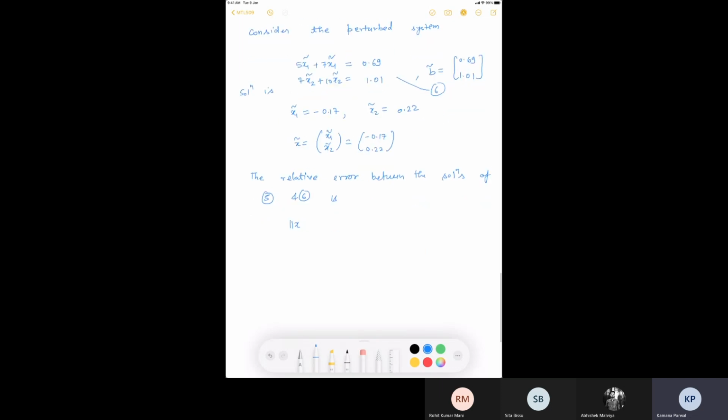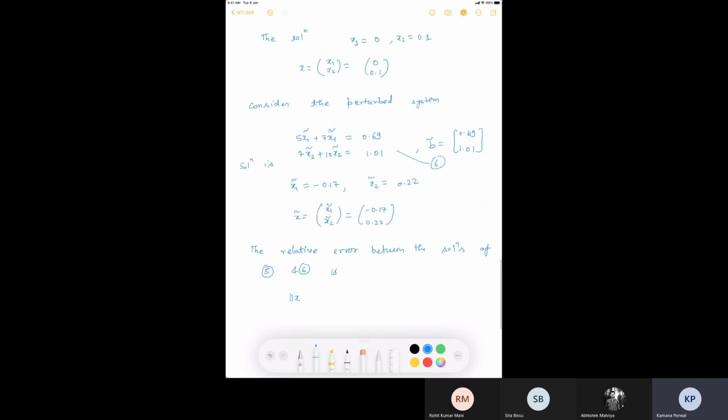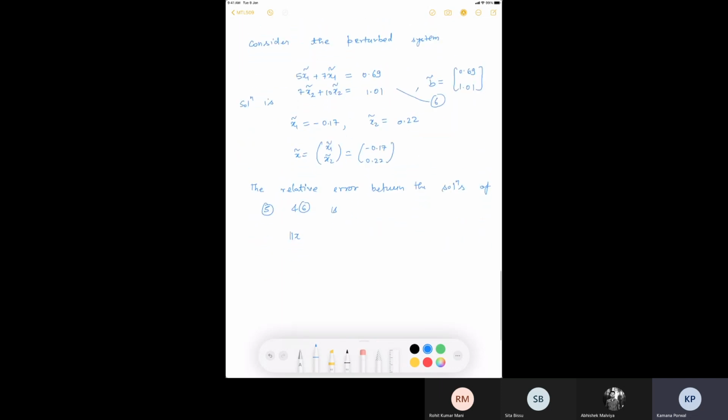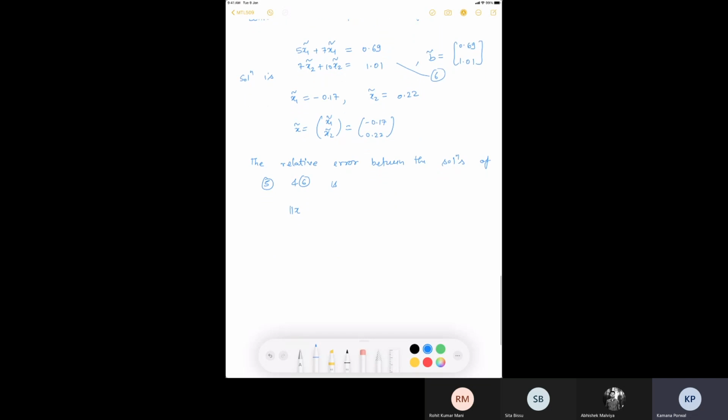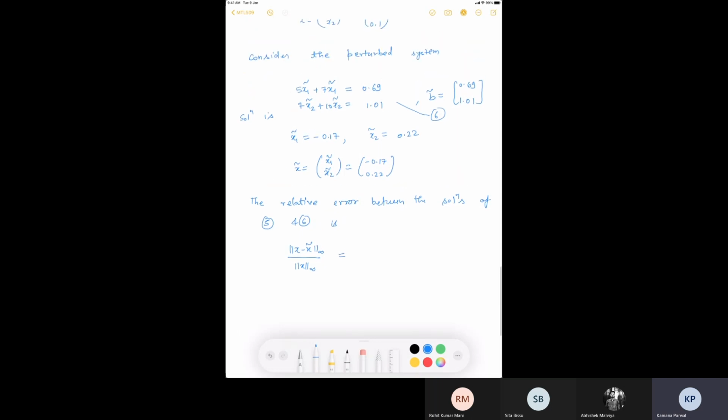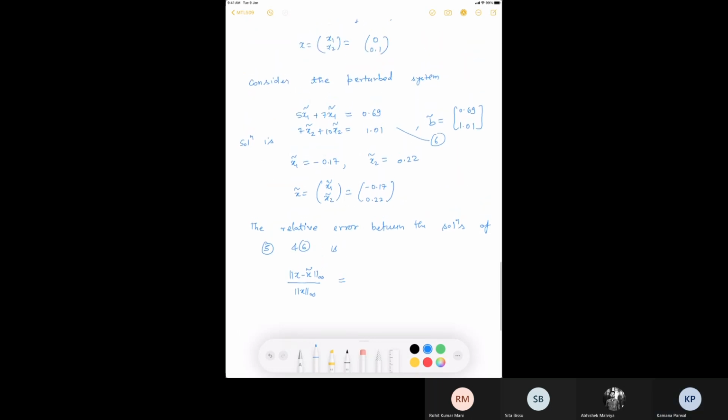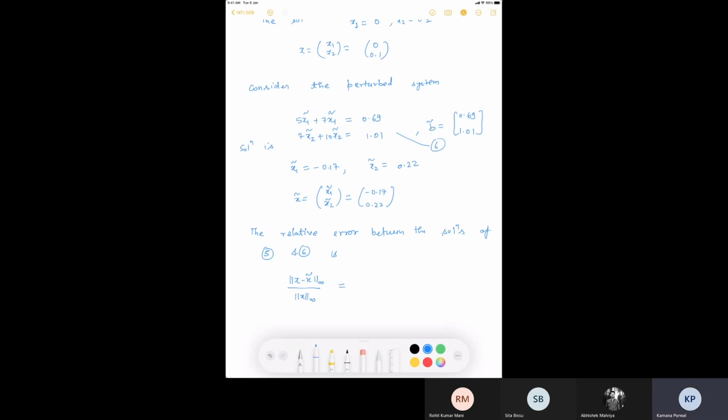I'm taking the vector norm to be the infinity norm, so that we can easily just take the maximum, and that will give me the value of these norms, right? When you take the difference x minus x tilde, you will get 0.17 and 0.12.